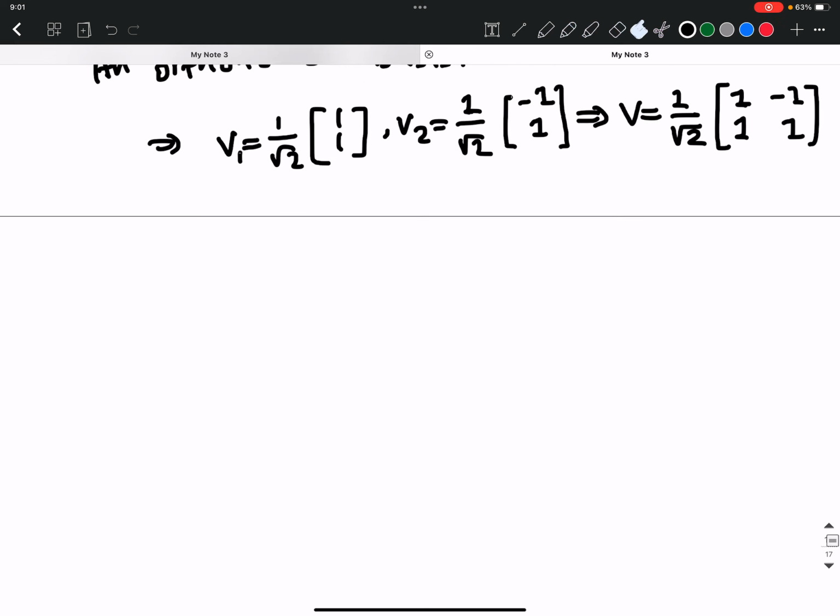Now step 3, I want to find the U matrix. So what is U?